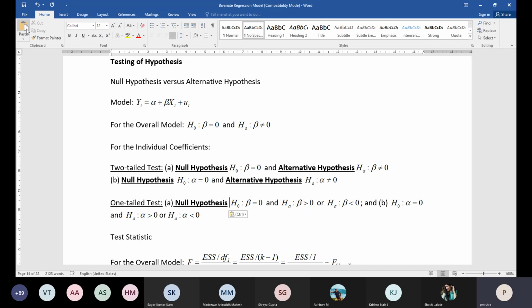Again, I am saying testing of hypothesis is carried out with respect to the null hypothesis. So either you are rejecting the null hypothesis or you fail to reject the null hypothesis. Don't use the term accept. If we reject the null hypothesis, that doesn't necessarily mean that we accept the alternative hypothesis.